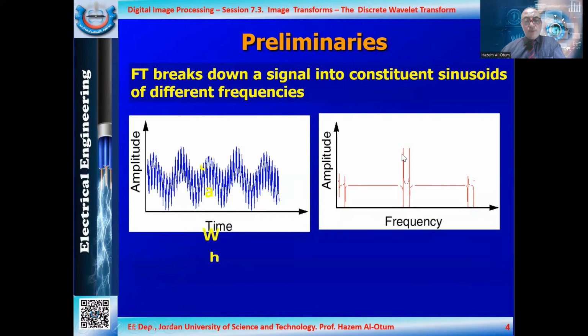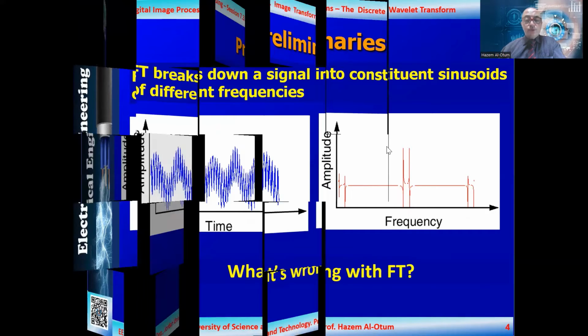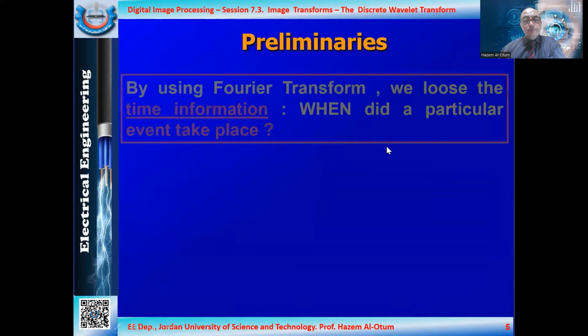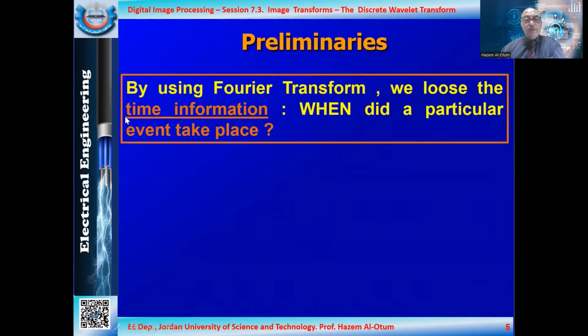So now what's the problem with this? What's wrong with the Fourier transform? Why is it not enough sometimes to take the Fourier transform? The first and main issue is that if you apply Fourier, you lose the time information in your frequency domain, because it's a long-range, or long time observation transform.